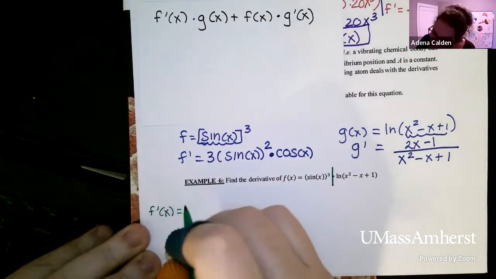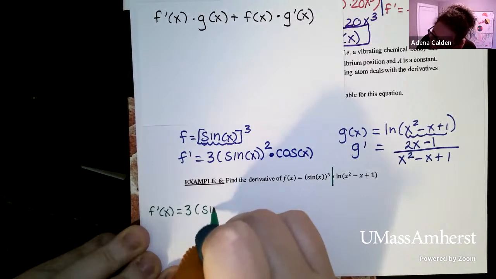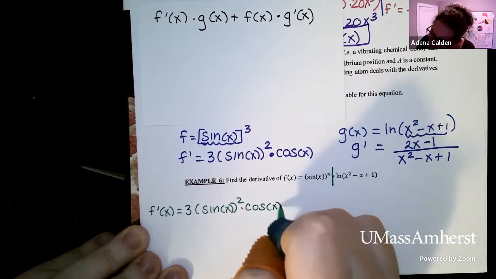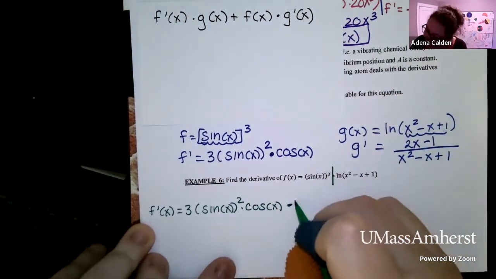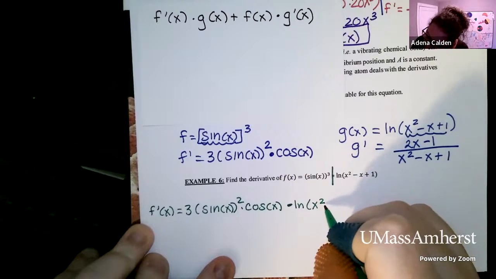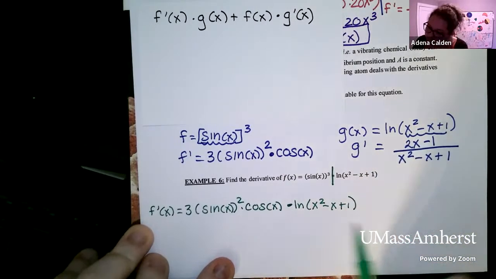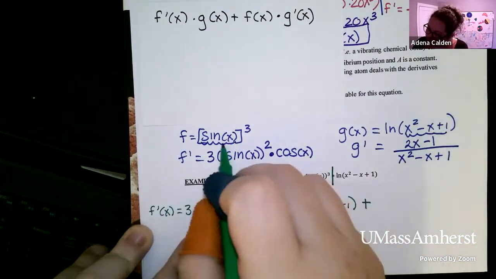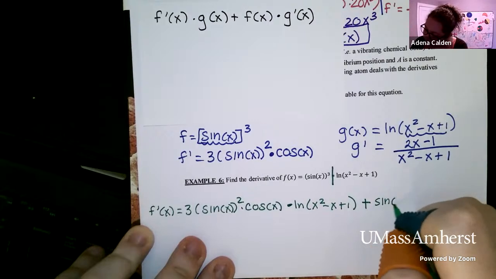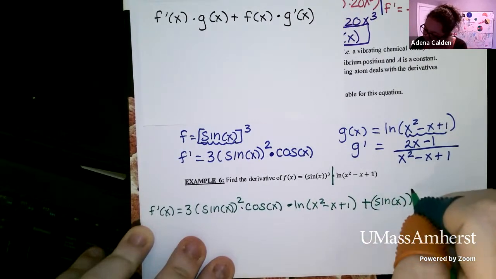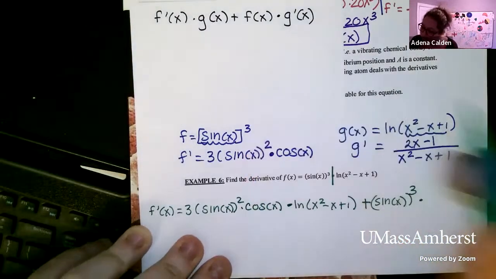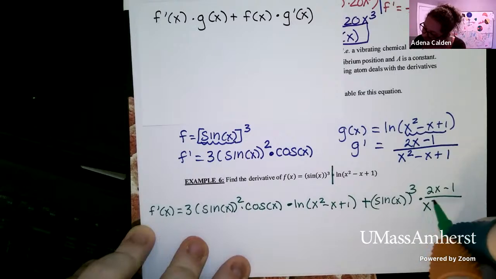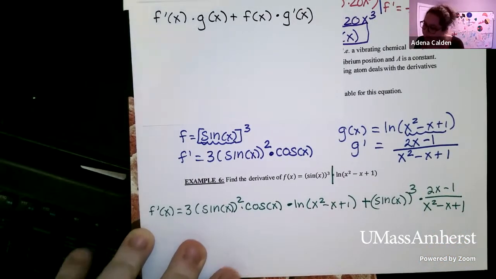So f prime, we have 3 sine of x squared times cosine x times g, which is the natural log of x squared minus x plus 1, plus, now we have f times g prime. So f is sine of x cubed times g prime. So times 2x minus 1 over x squared minus x plus 1.